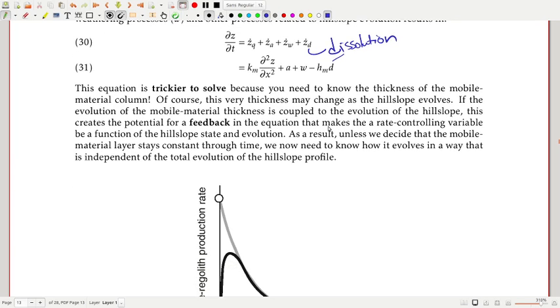And that extra information can come in the form of some initial conditions, and then we run a model forward through time and look at how this mobile material thickness changes. Or it could come in terms of just a special case of the solution in which the mobile material thickness stays constant through time.